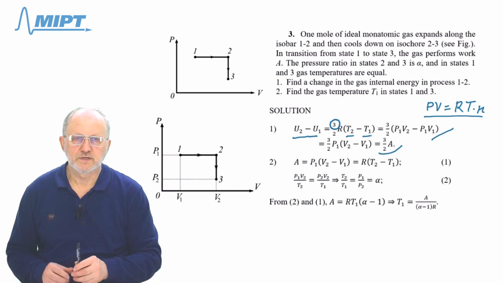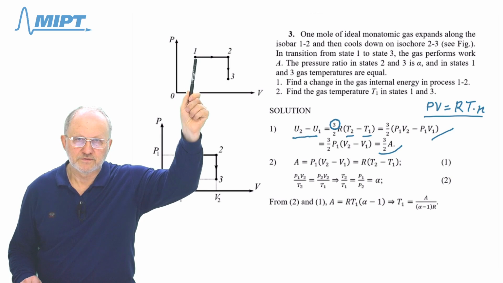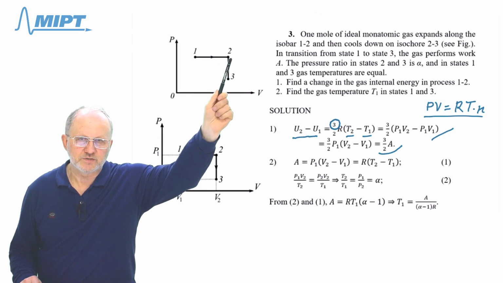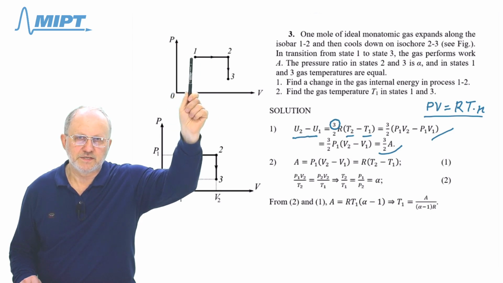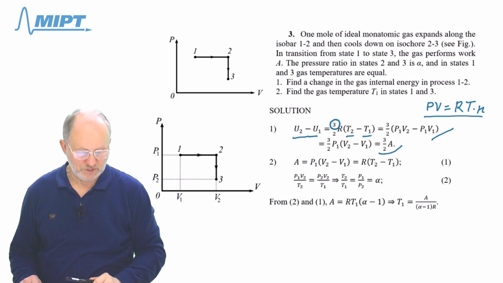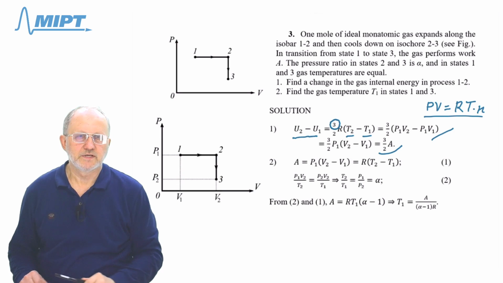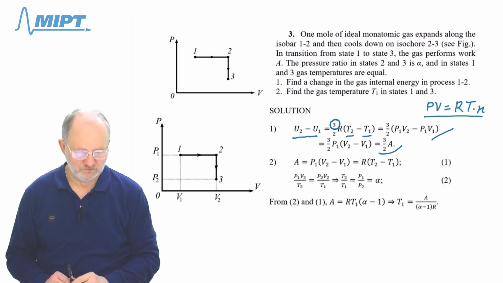All the work produced by gas is produced on the isobar, where the volume of gas changes, but the pressure remains constant. And in this case, the work produced by gas equals pressure times change of volume, which is used in this formula. So the answer to the first problem is found.